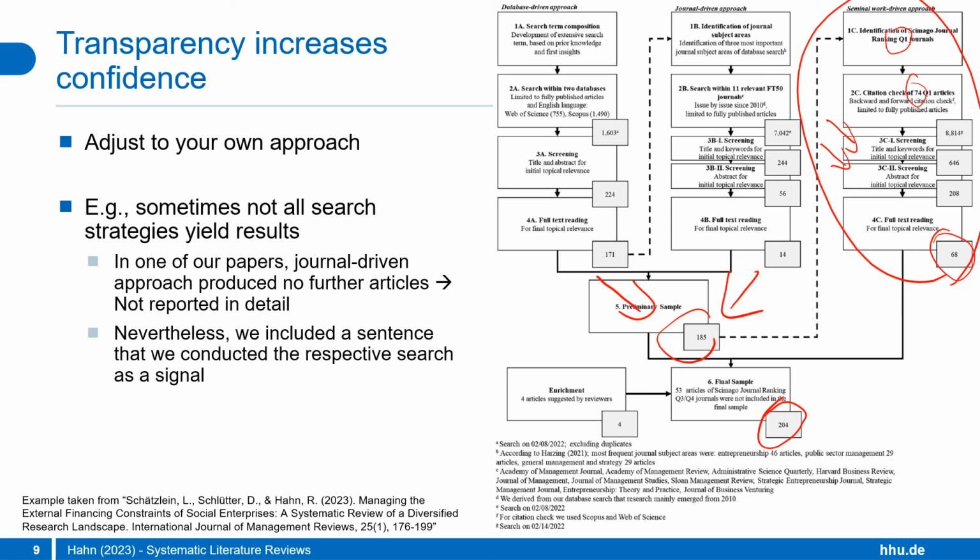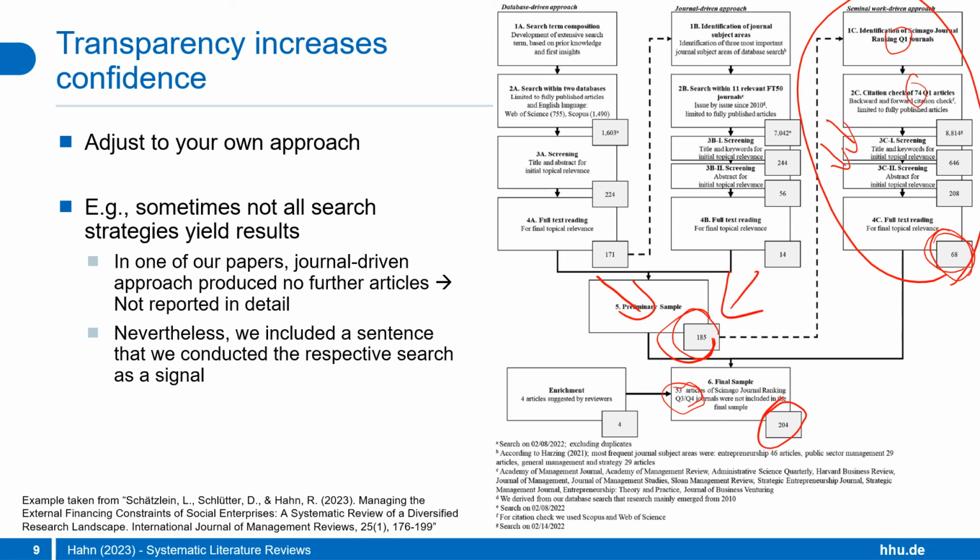And you see that 185 plus 68 doesn't equal 204, because we excluded articles from the third and fourth quartile of the Scimago journal ranking to have these lower impact journals out of our sample.